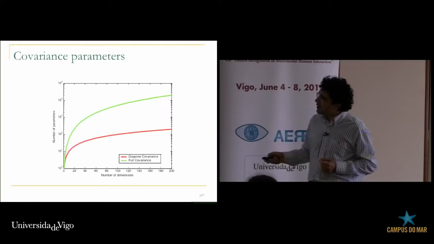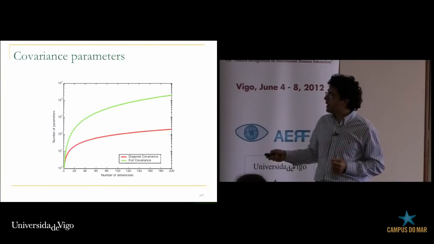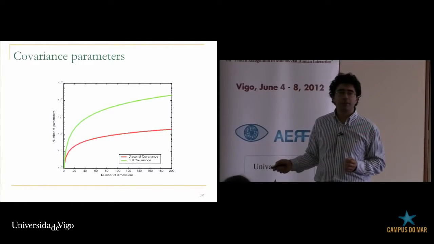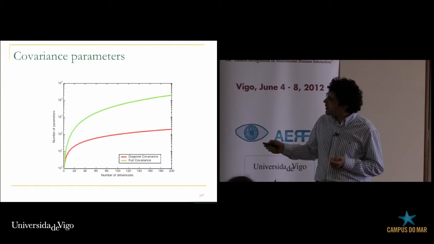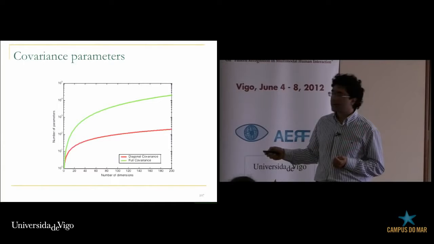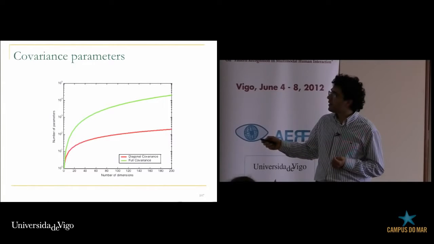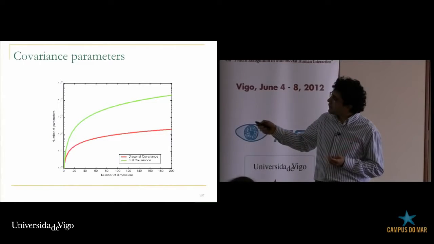If you look at this log plot, the number of dimensions determines the number of parameters that you need to spend for the covariance. If you have 200 dimensions, a diagonal covariance will have around 200 parameters, but the full covariance scales quadratically.